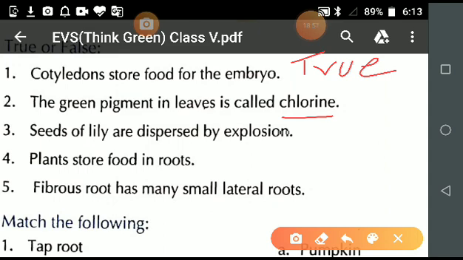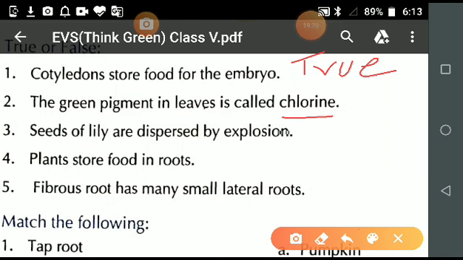And the pigment present in the leaves is known as chlorophyll. Very good. Chlorophyll absorbs the sunlight. So the green pigment in leaf is called chlorine, and this is wrong.